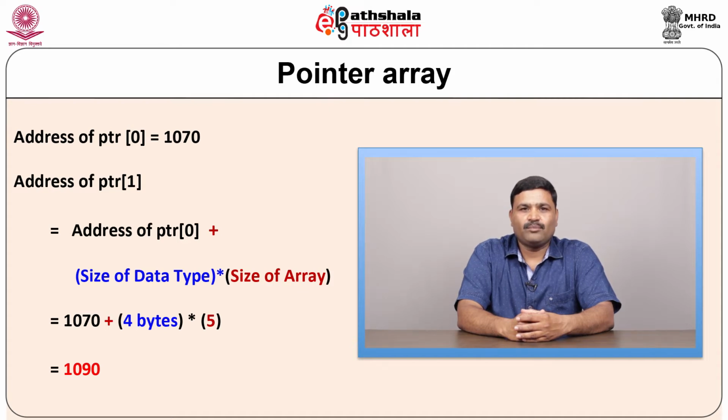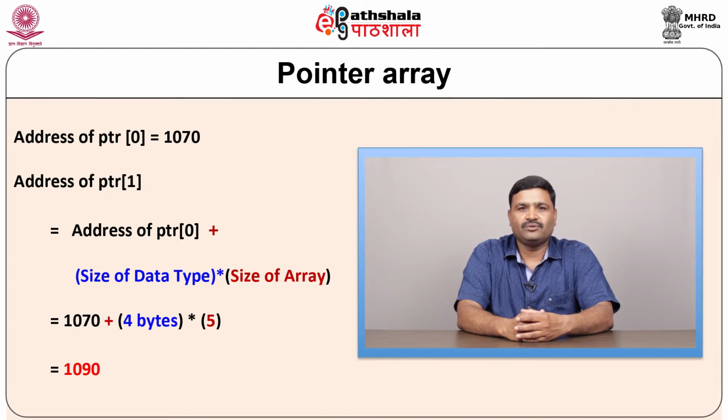It means pointer 1 equals 1070 plus 4 bytes into 5. So 4 into 5 is 20. Therefore, pointer 1 equals 1070 plus 20. So pointer 1 equals 1090. That is the address of pointer 1.